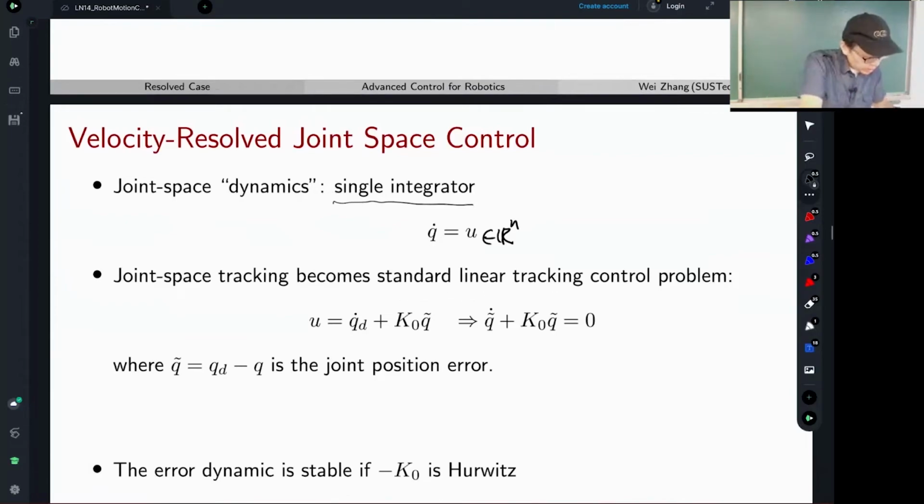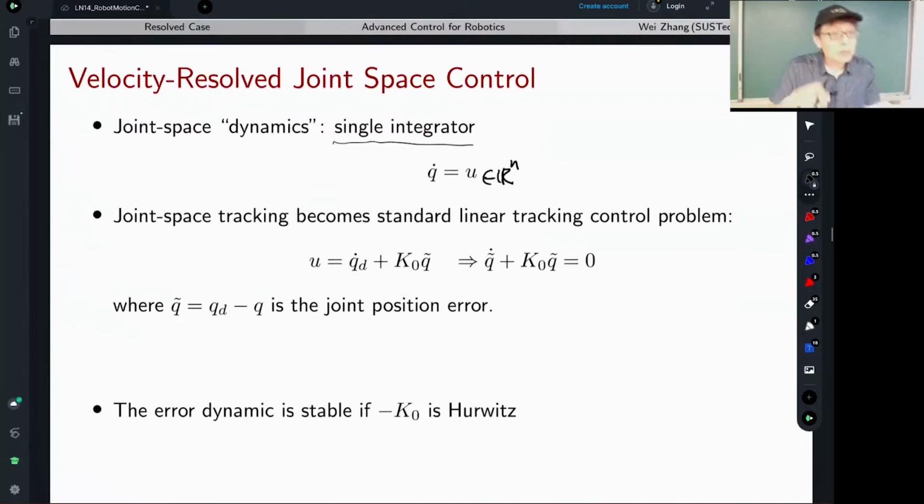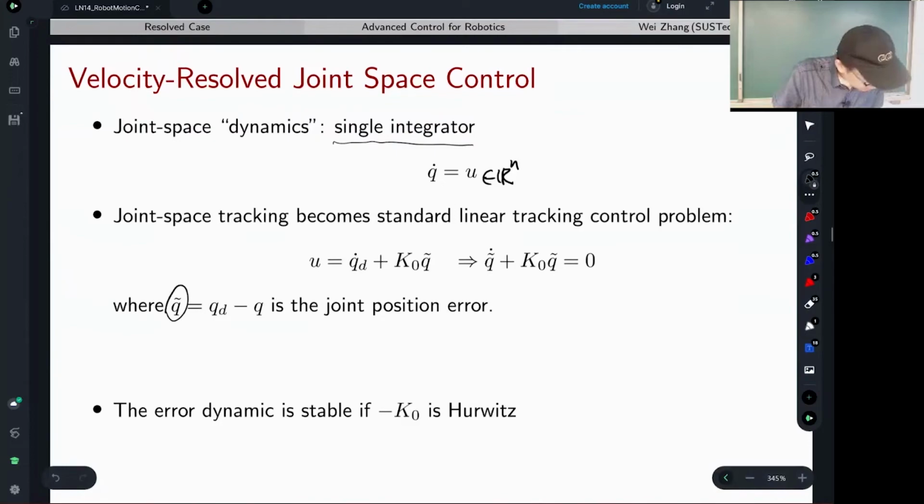Okay. In this case, as I mentioned before, you would design the error as your state. My error, I call it Q tilde, which is QD minus Q. As a position error, I plug in this control law, which is a linear control law.